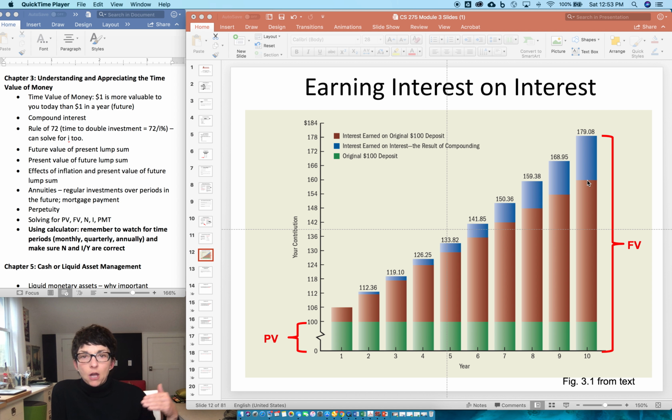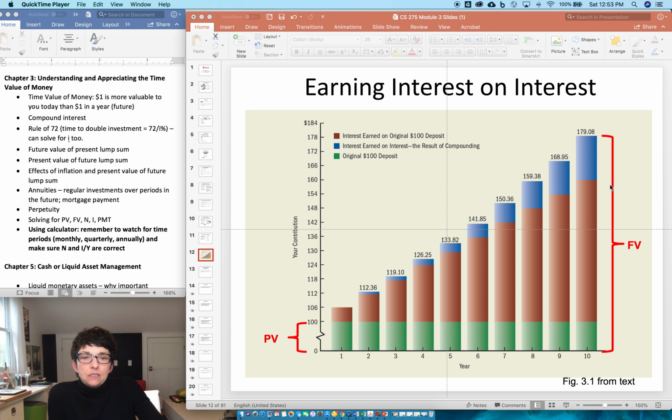But because of compounding, because you earned interest on top of the interest, you actually walk out of the bank with an extra $19.08. So with compounding, at the end of 10 years, you have $179.08 instead of just $160.